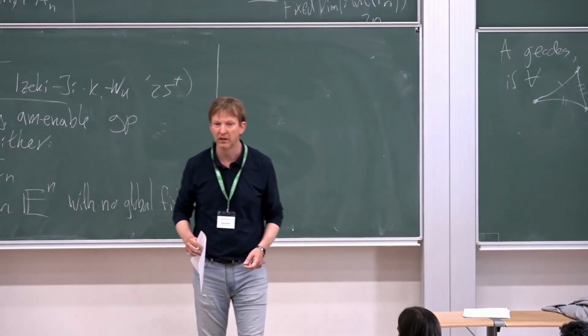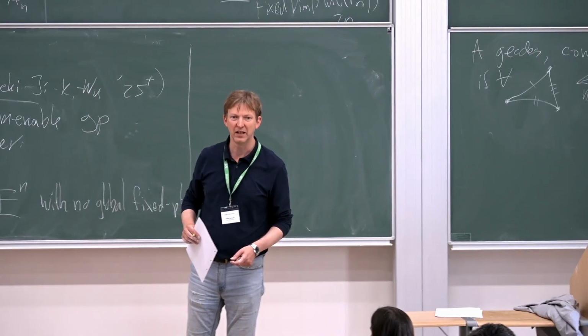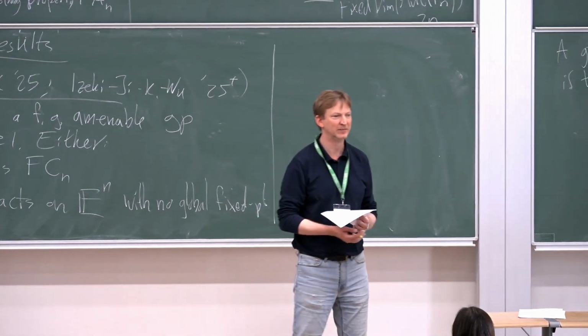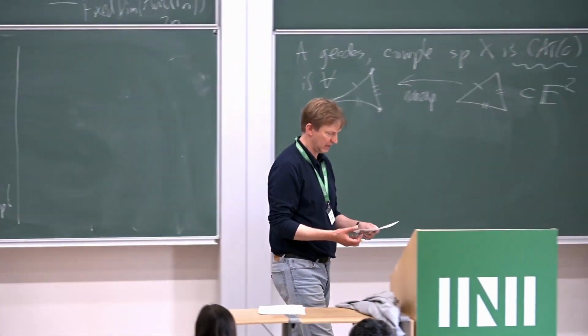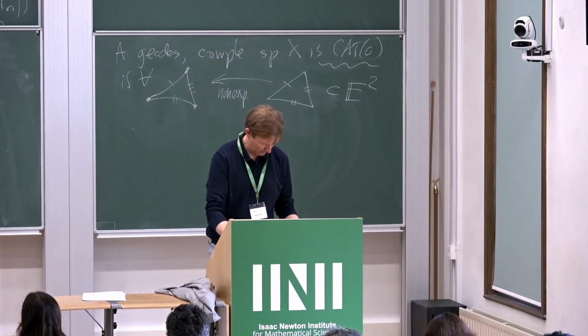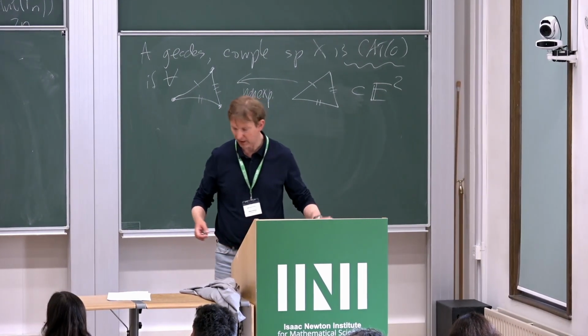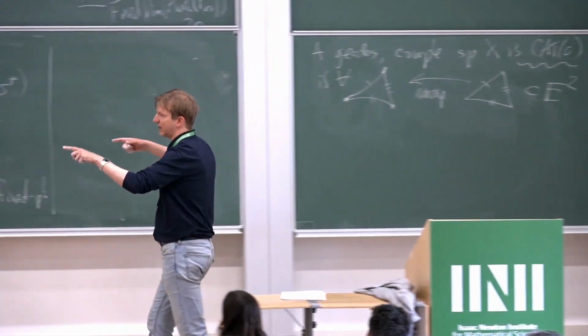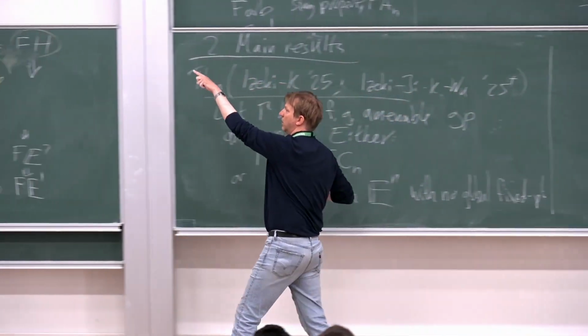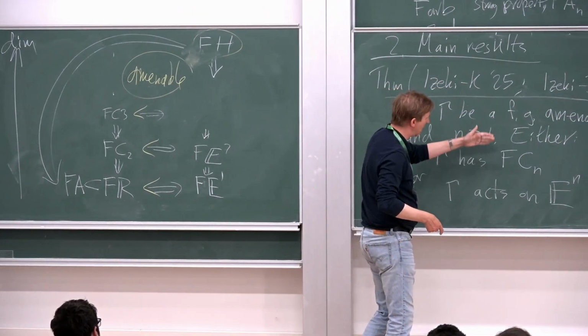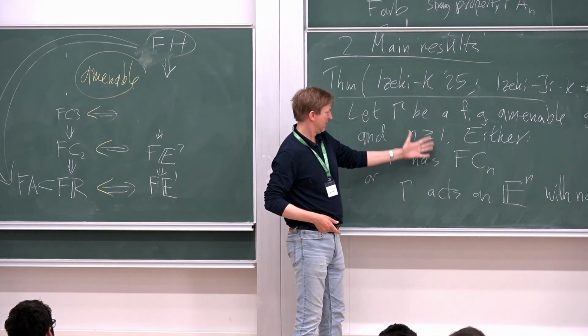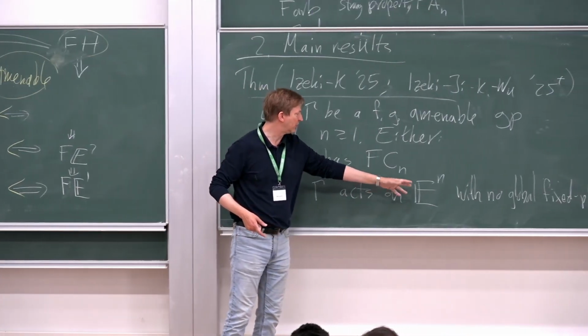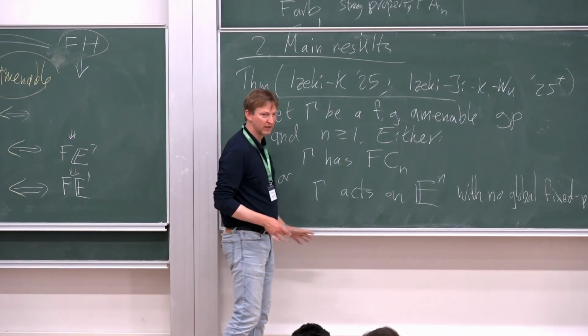Excuse me? Amenable groups act properly. Yes. Okay, so I wanted to contrast that with the fact that they do act on Hilbert space, but you can't extend this to infinite dimensions.